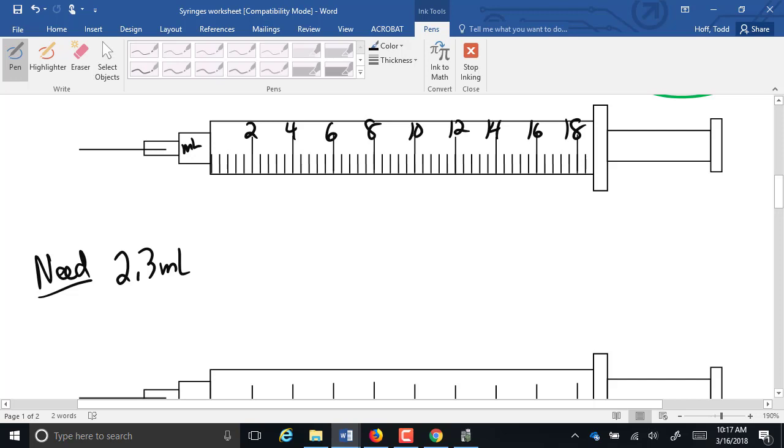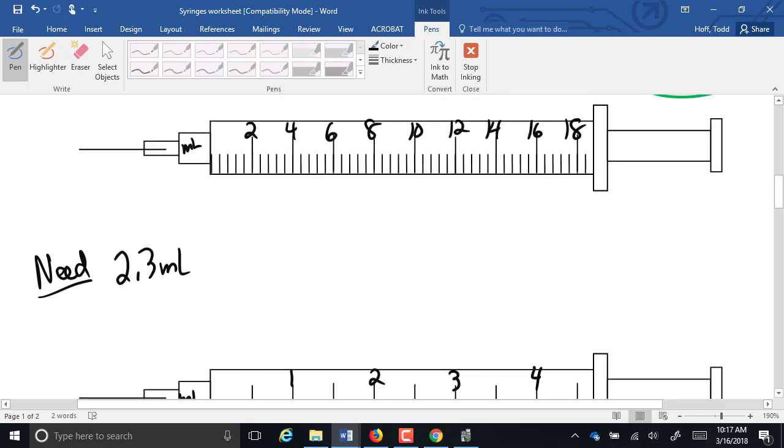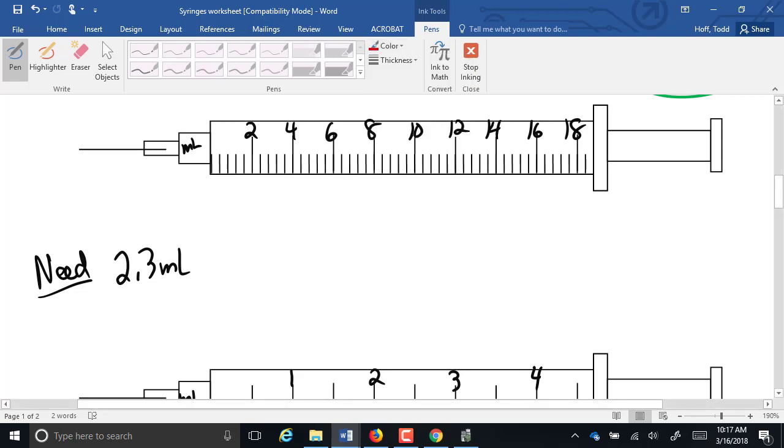Would I want to use that syringe? Or would I want to use this syringe? The smaller. Why would I want to use the smaller syringe? It's more, yeah, actually more precise is the technical term, but you had the right idea. We could find 2.8 milliliters here. It would be just right there, it would be 2.8 milliliters.